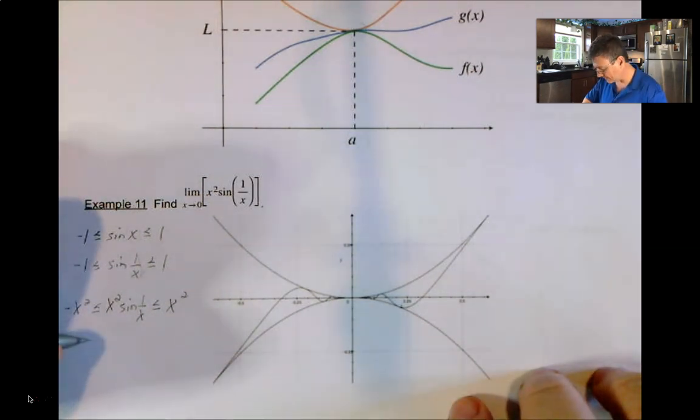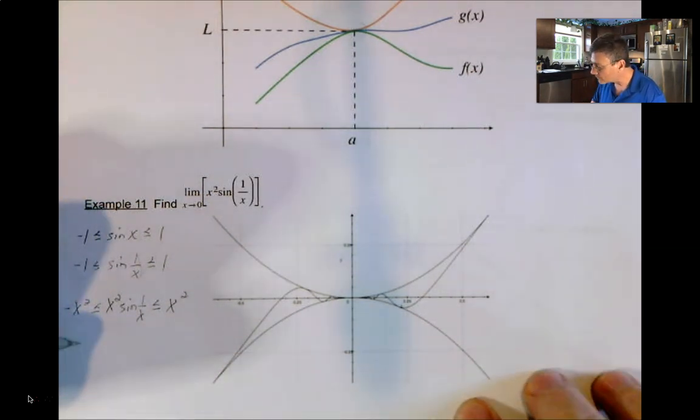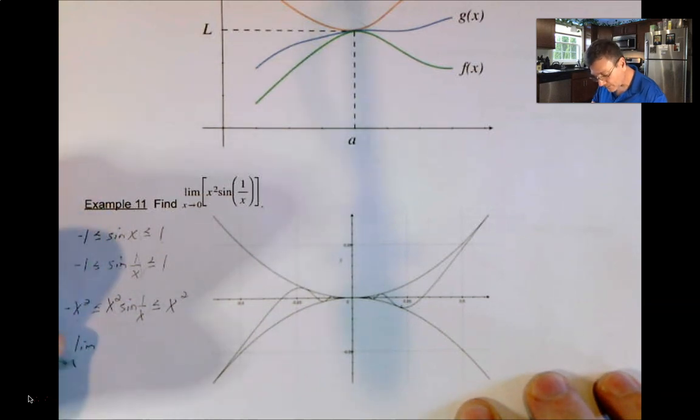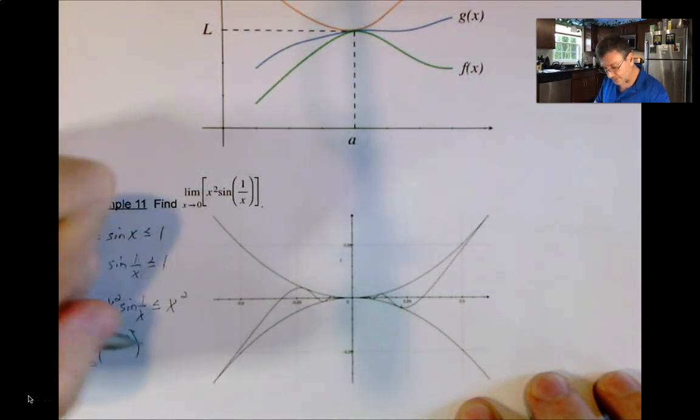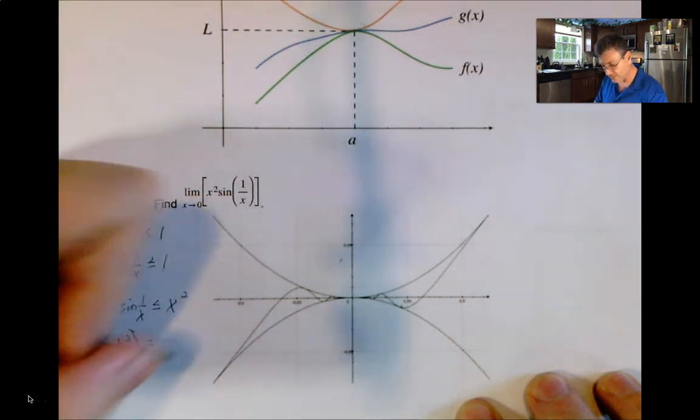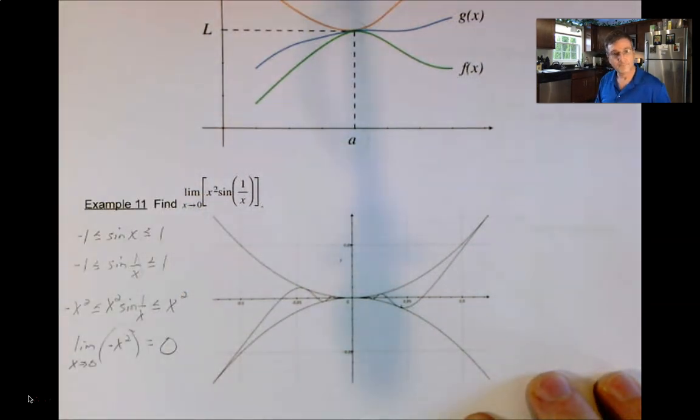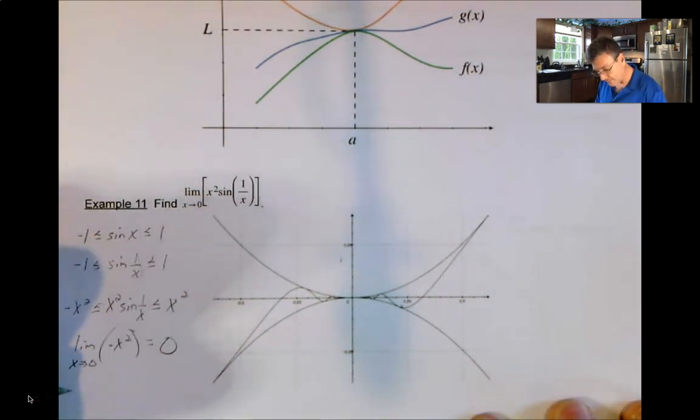Let's write limit as x approaches 0 of negative x squared. I can do that by direct substitution. That gives me 0. I can take the limit as x approaches 0 of positive x squared.